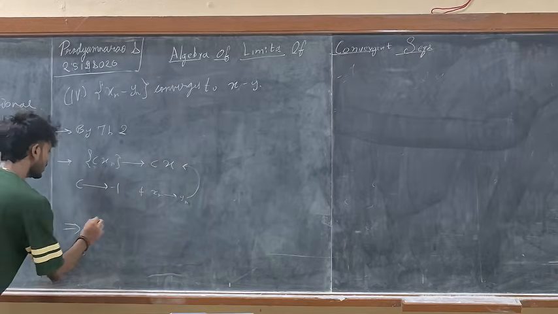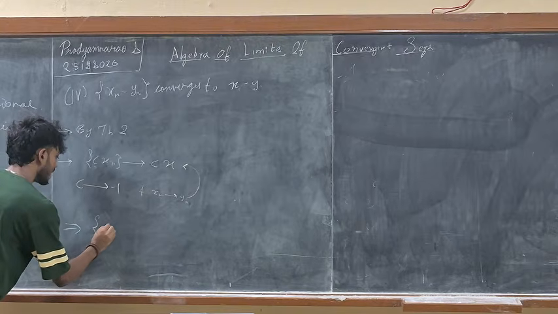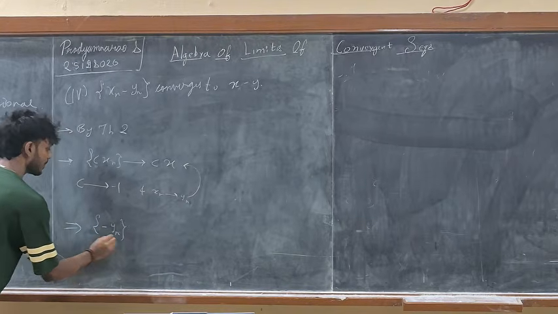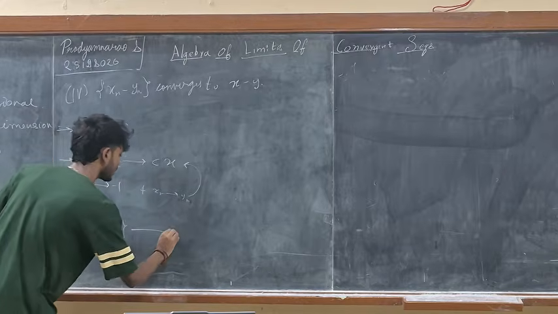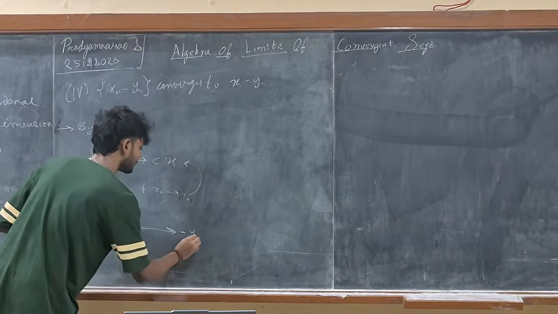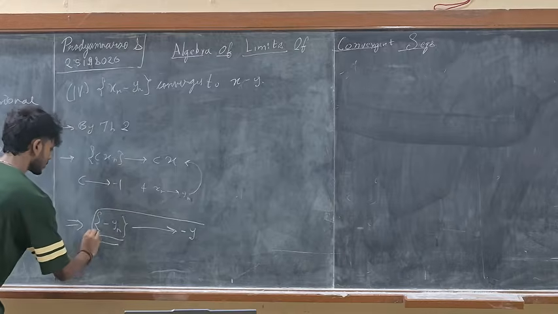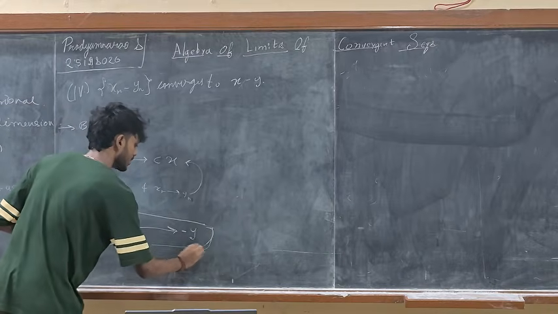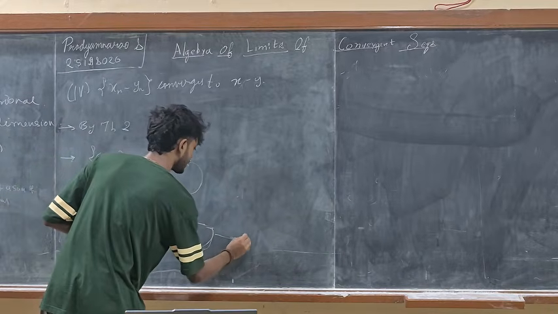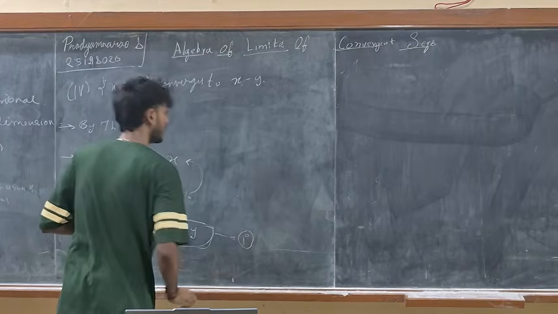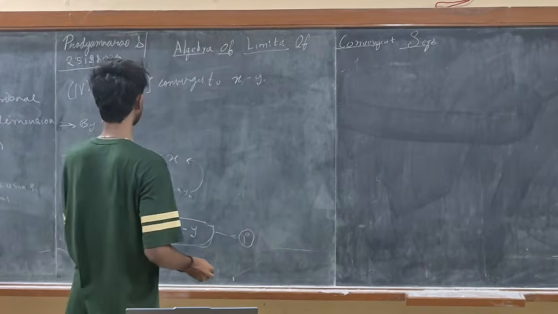When we substitute, we'll get that the new sequence minus of yn tends to minus y. This is an important thing, so let me mark it as equation 1. And now I'll be using equation 2 for this.